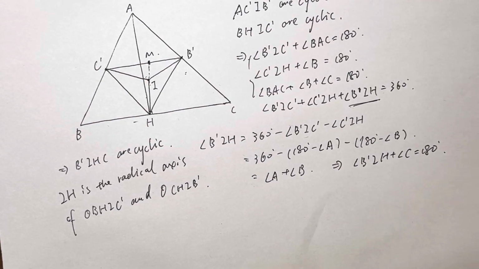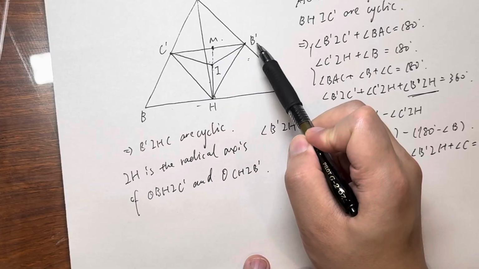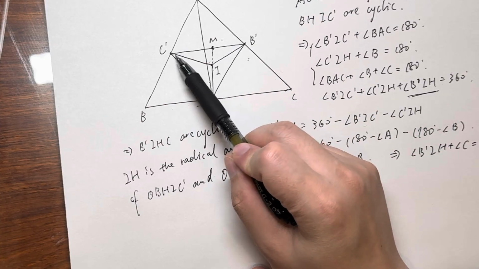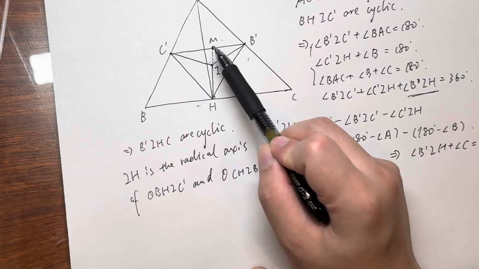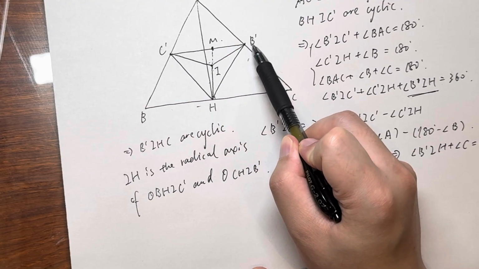And now think about this: if M is the midpoint, that means MC' equals MB', right?